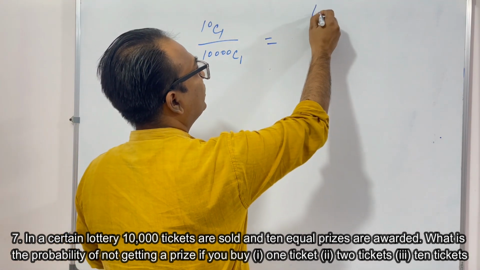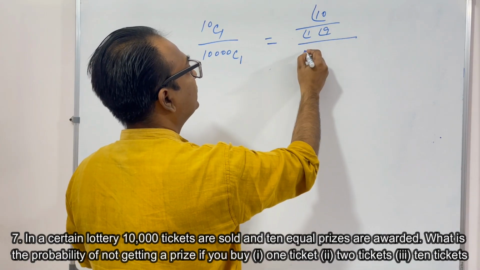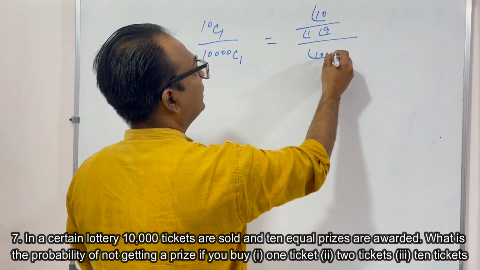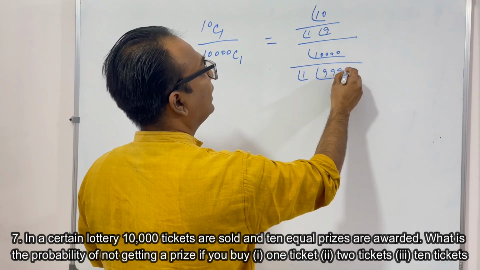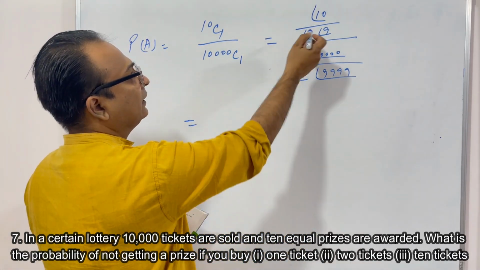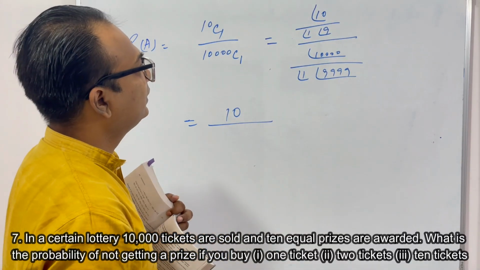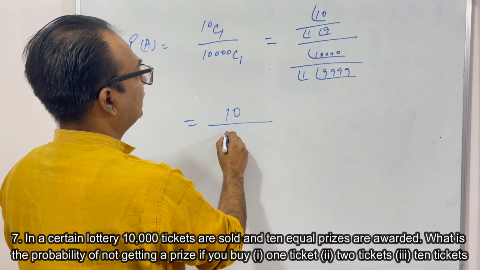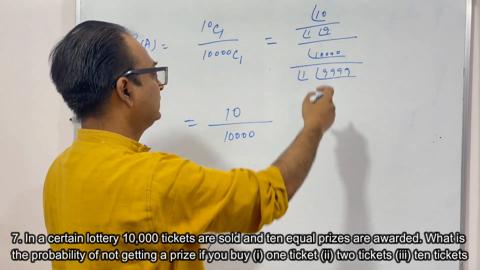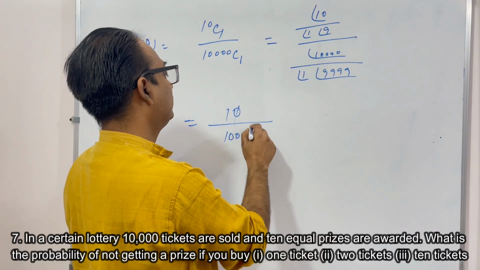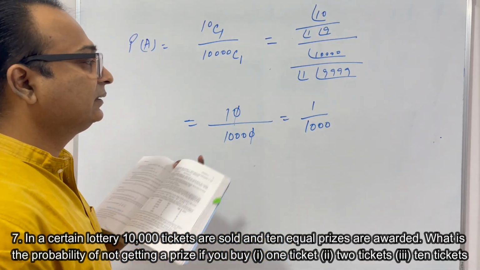This will be factorial 10 by factorial 1 factorial 9, by factorial 10,000 by factorial 1 factorial 9999. We can cancel factorial 9, and similarly factorial 9999 cancels, so this is 10 by 10,000, or 1 by 1000.